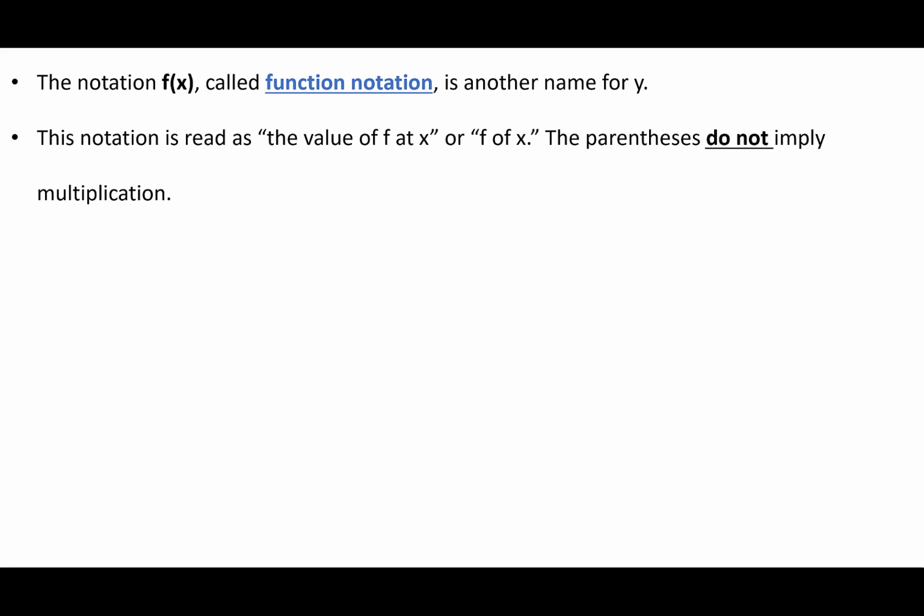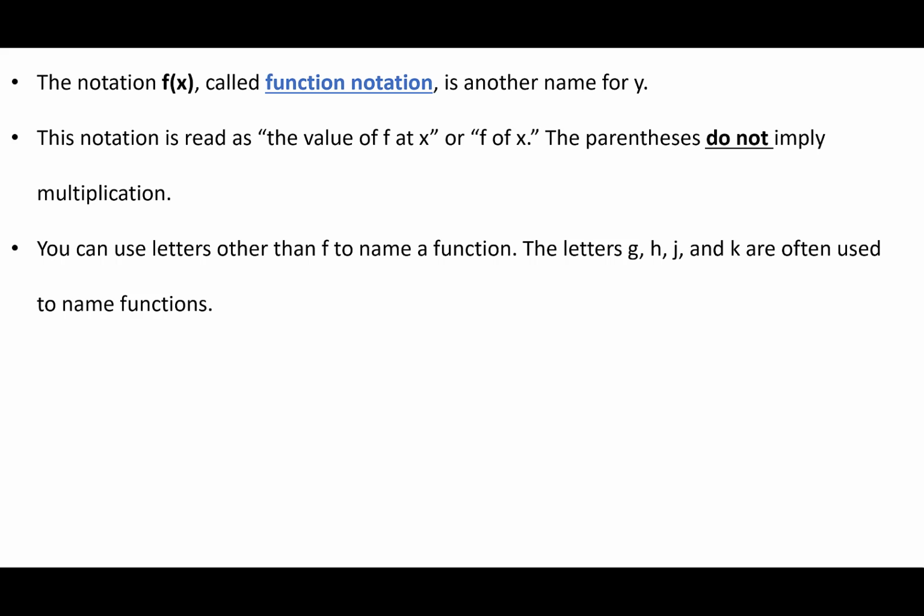So all this is telling me is that this is a function. We only use this notation when we have a function. We can use any letter other than f as well. G, H, J, K. These are some of the more common ones to use. T, S, C. There are other letters we can use as well.